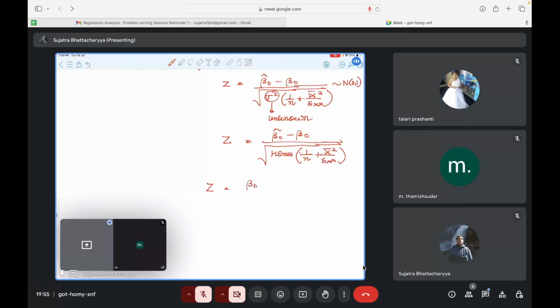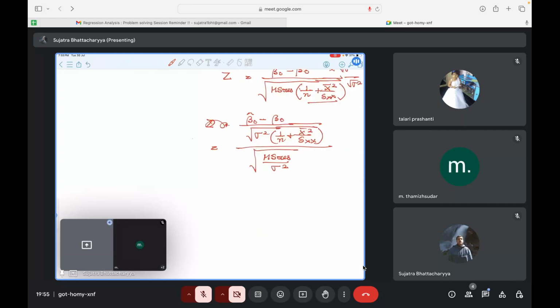So in the same way, for beta naught cap, we multiply and divide by root sigma square. This part I will take 1 by n plus x bar square upon Sx, right? And divided by root over MS residual by sigma square.